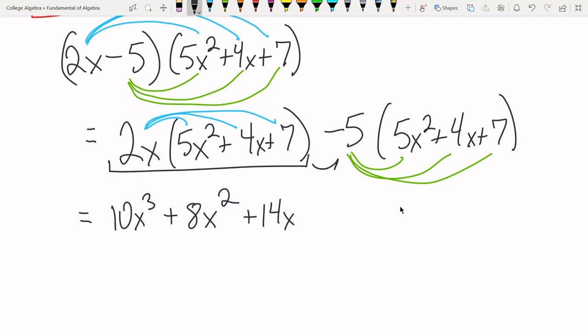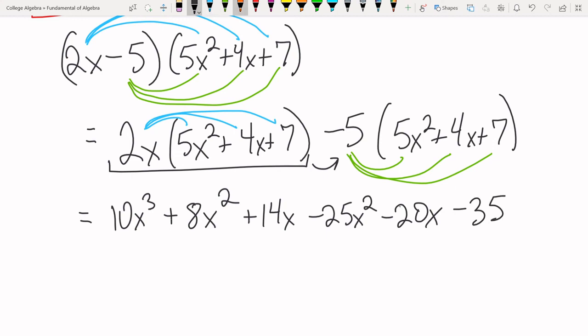So we can move on to the negative 5, distributing into everything. Negative 5 times 5x squared is negative 25x squared. Negative 5 times plus 4x is negative 20x. And negative 5 times plus 7 is negative 35.